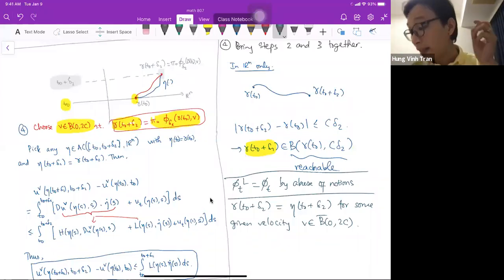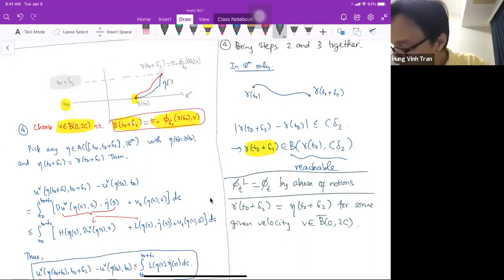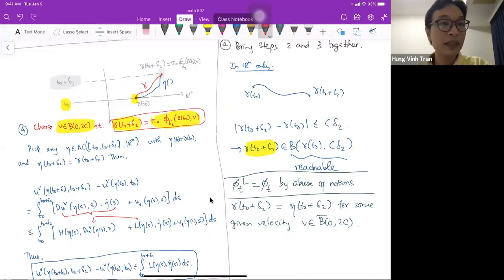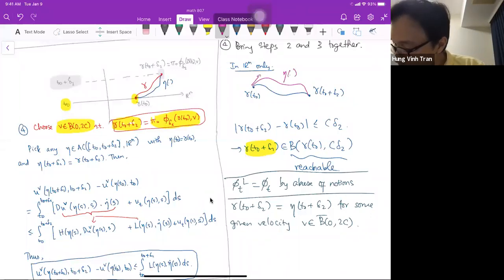So at the end of the day, the main point here is that the red curve is gamma, but it's also doable by choosing a path eta in our way, right? Eta is something, I don't know what eta is, but eta is chosen with the given velocity v.